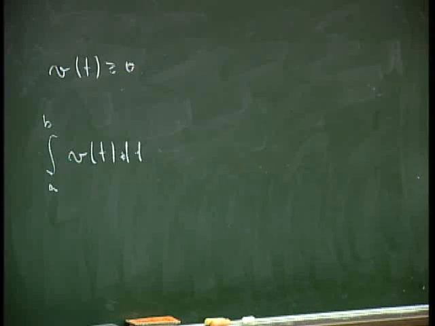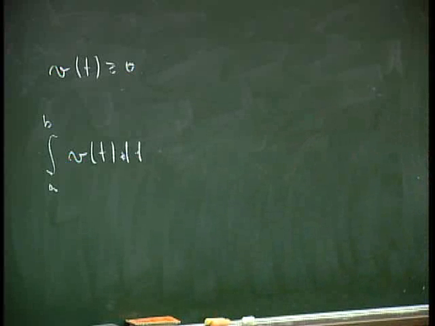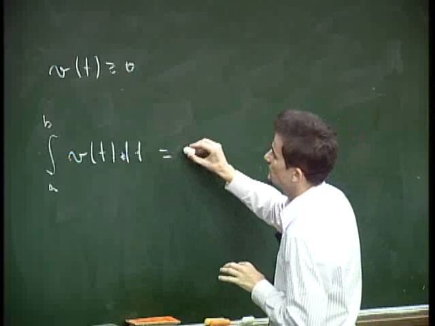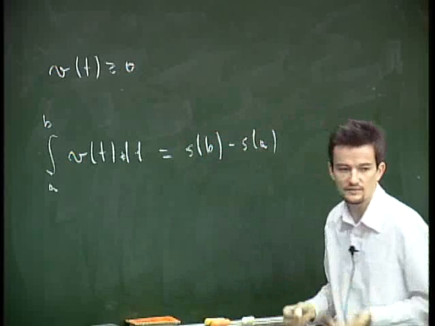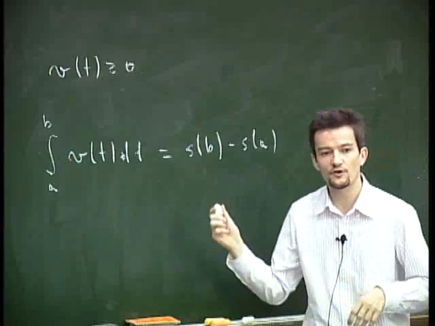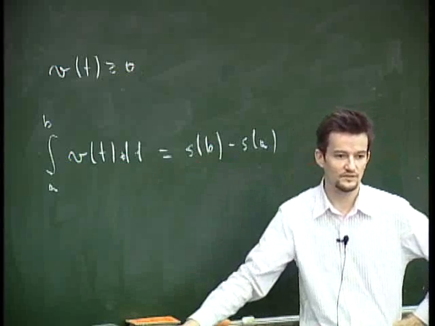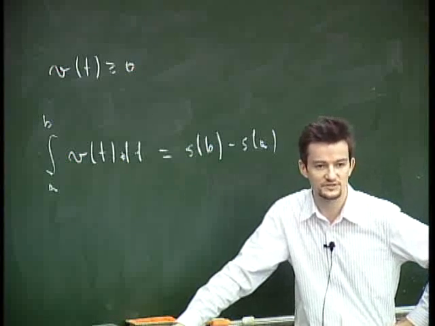Now, I already emphasized that in physics this is equal to S of B minus S of A. This is something which intuition tells us, and maybe for physicists this is a proof already, so they don't have to prove the fundamental theorem of calculus.